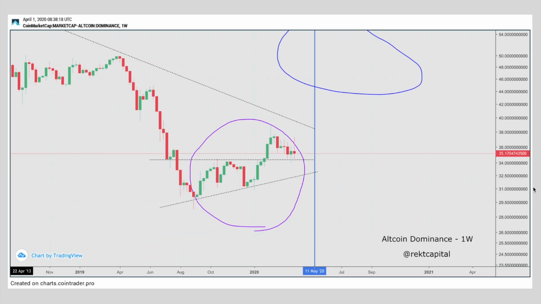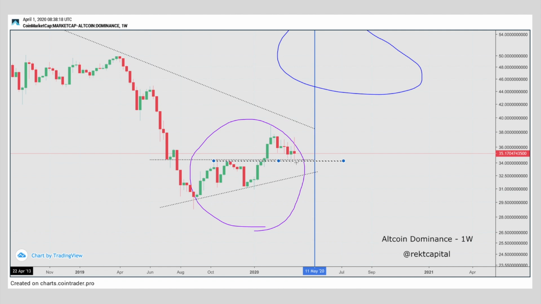And very briefly about altcoins before we wrap up today's episode, we are seeing this successful retesting of the top of the ascending triangle, which is very positive for altcoins. This is very promising for altcoins that they're respecting the top of this ascending triangle. We've seen a bit of volatility this week already, but that's okay. We are seeing price strength confirmation in terms of this index relative to this ascending triangle.